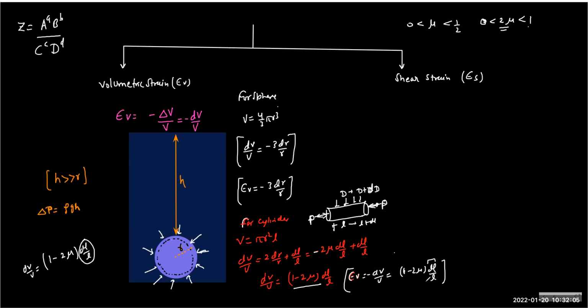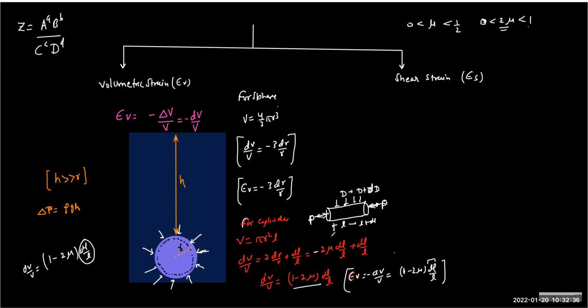Dl by L will be negative, because if you compress it, the length decreases. Compression is negative, elongation is positive; that is a different thing. So don't get confused. Just remember it as a formula. In the context of solving an actual problem, we have to decide whether to take positive or negative. Right now what we are writing is just a formula.